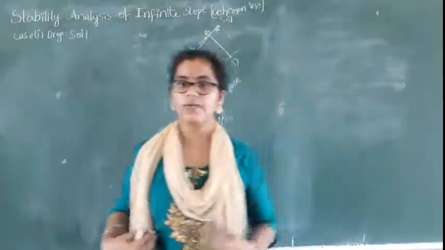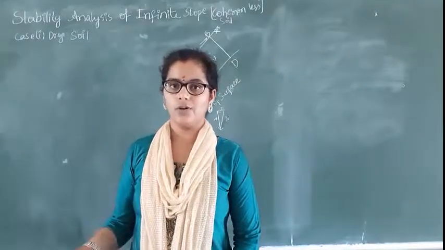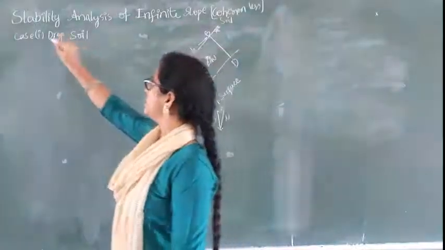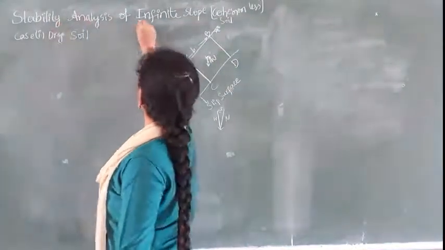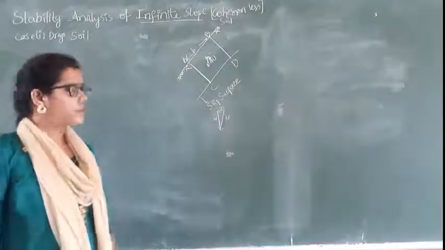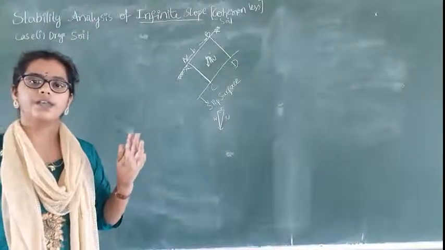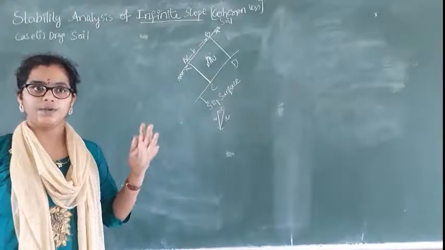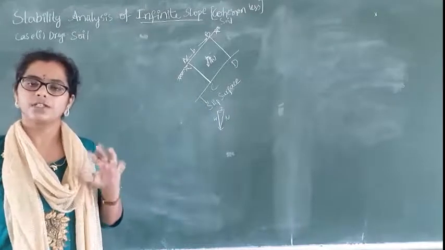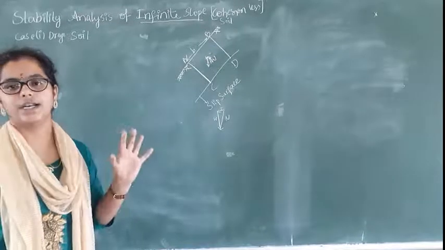Students, now we'll discuss the stability analysis of an infinite slope for cohesionless soils. We know what an infinite slope is. We are able to understand the stability of a slope with the association of factor of safety.